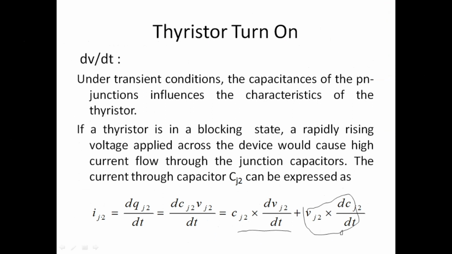Once IA increases, the cathode current IK also increases. Both are emitter currents of the two transistors, so alpha 1 and alpha 2 will increase. Alpha 1 and alpha 2 increasing means their current gain increases, so the emitter current increases again. This is a regenerative effect, which we should avoid.